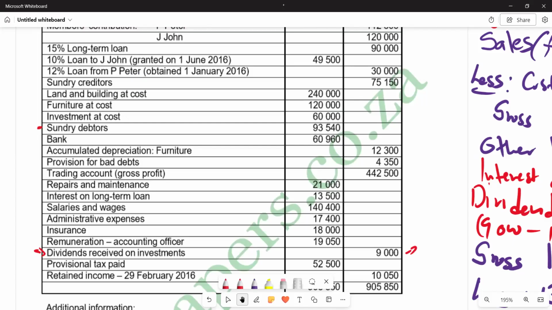So we are going to put that one as our net profit. Our answer is going to come there as 225,923, and it's going to be our net profit before tax.